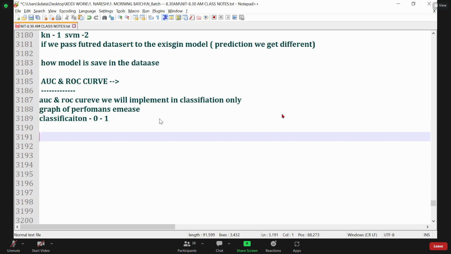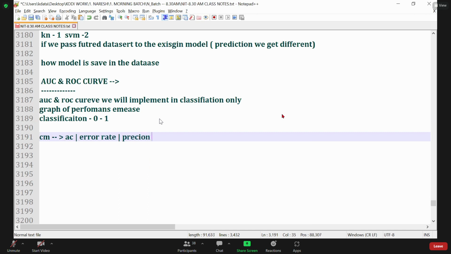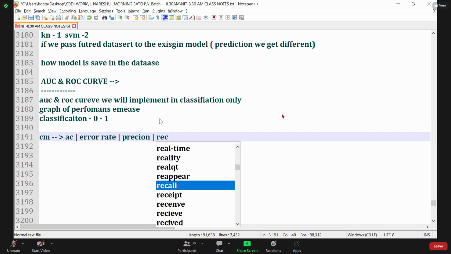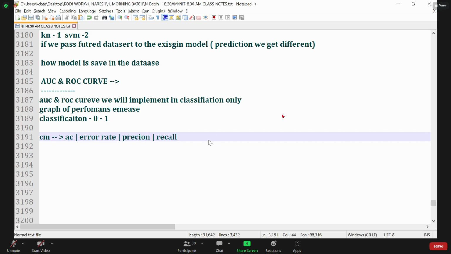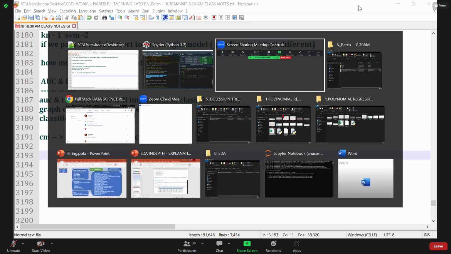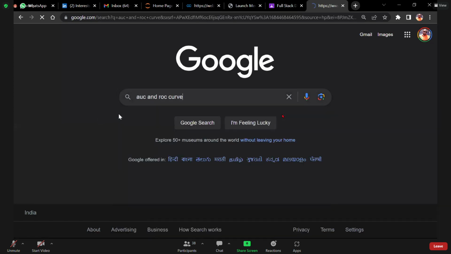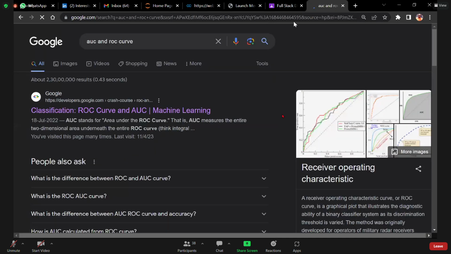In the confusion matrix, CM, we understood how to check accuracy, error rate, precision, and recall. Isn't it? All those things we covered or not? So today, I wanted to show the ROC. I forgot, just one moment, guys. AUC and ROC curve. Wanted to do some equations.